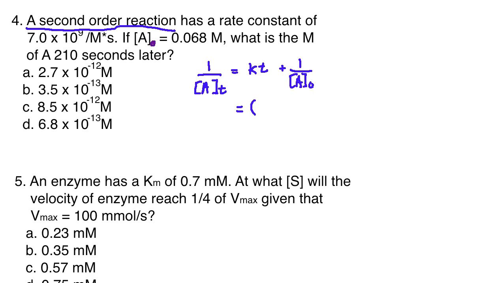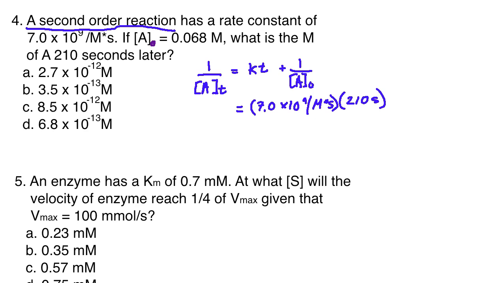All right, so we need to find the rate constant. That's given to us. It's 7.0 times 10 to the 9th per molarity second. Now the time, we're already in seconds, you can see by the unit, so 210 seconds.